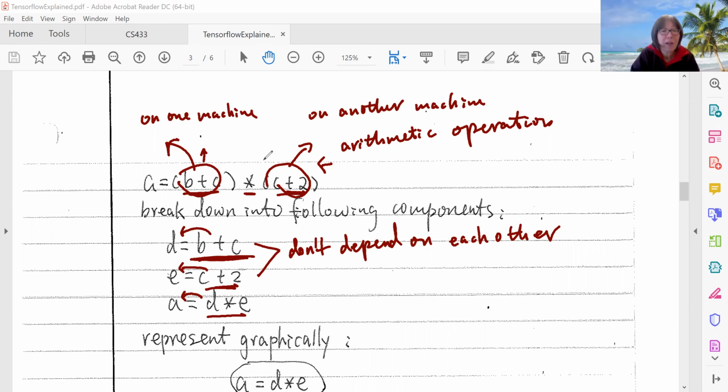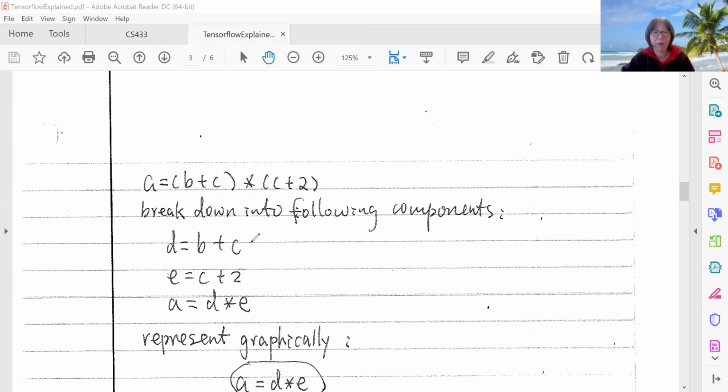But in this case, we can simultaneously do the calculation for D and E. After D and E finish, then one person can do the multiplication. So that's this concept.